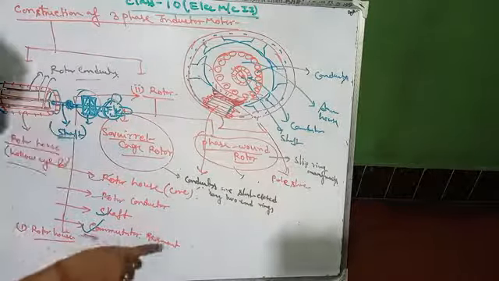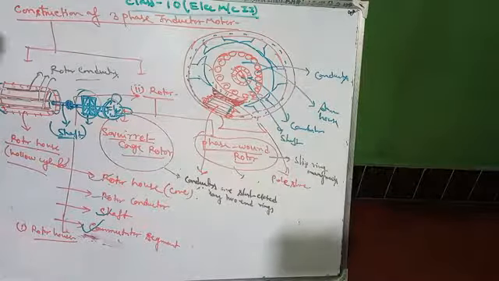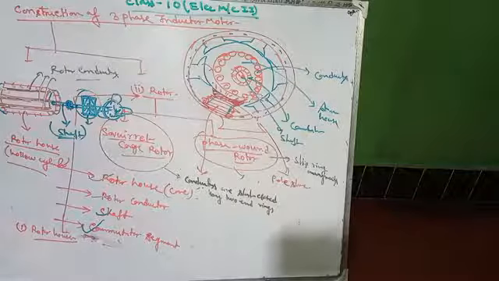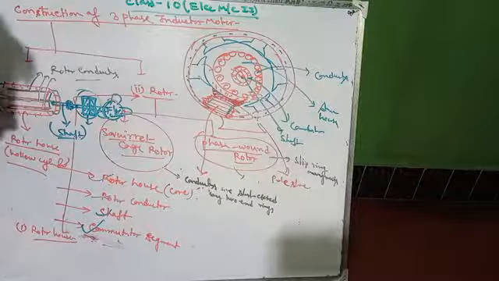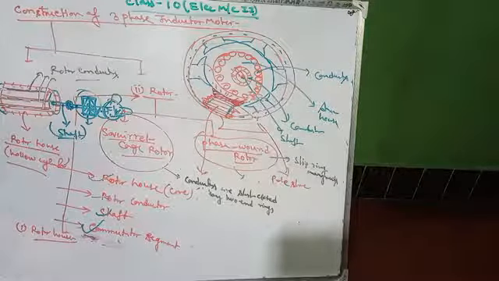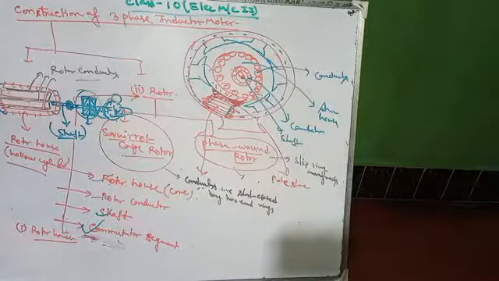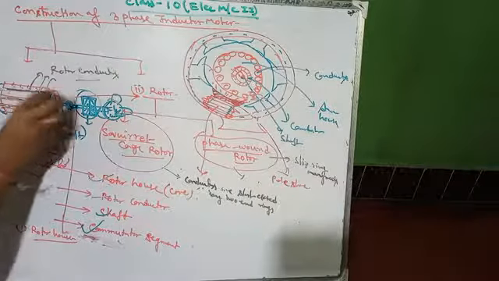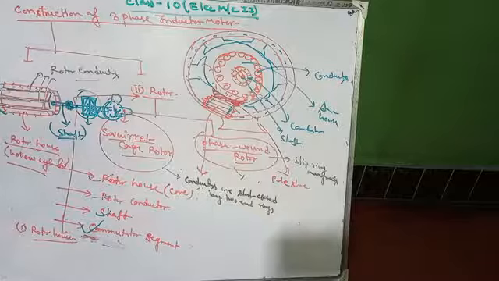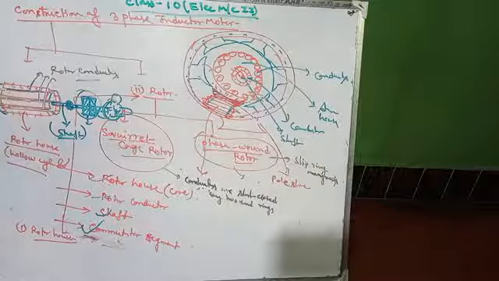So commutator segment is used to collect the current from armature in case of your generating operation. Sometimes induction motor can also act as generator. In that condition, this commutator has a role. Okay, so otherwise commutator has no role over here. Okay, so this is the construction of armature.